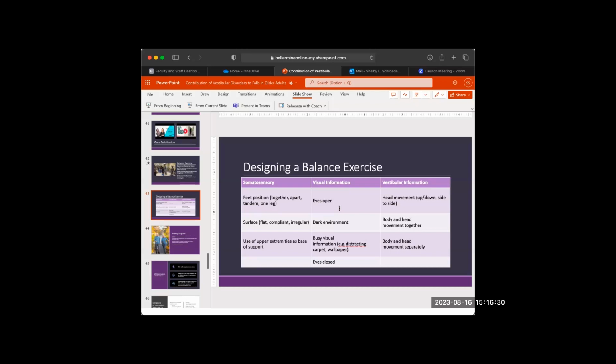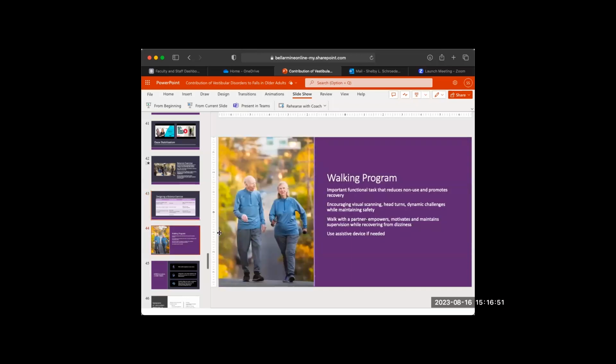A busy or distracting environment would be difficult, or eyes closed would be more difficult. As far as vestibular information, we can have the patient move their head, body and head movement together, or body and head movement separately. So lots of things we can alter to change different balance exercises to suit the person.